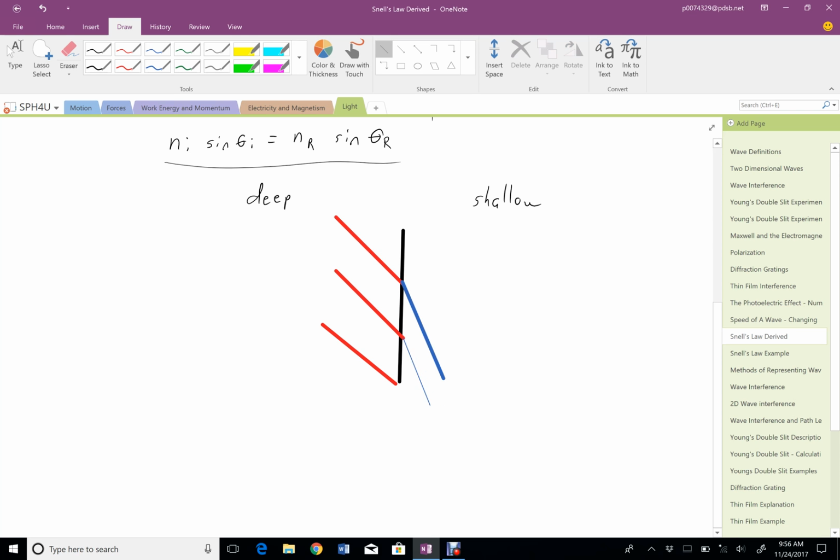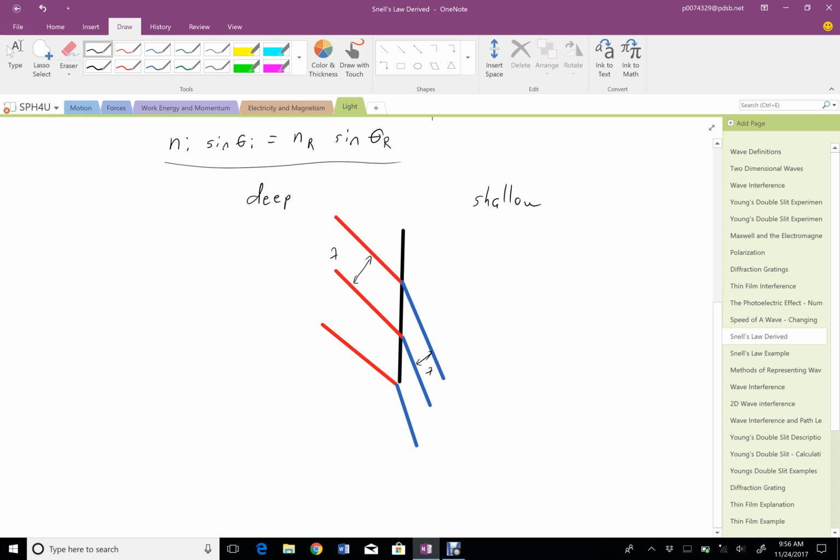So here are my refracted wave fronts. First of all, I have to get those to meet up, and then go parallel, just like that. So what I can see here is that my wavelength in my deep water is larger than my wavelength in my shallow water.